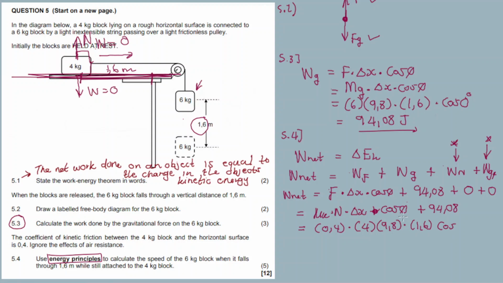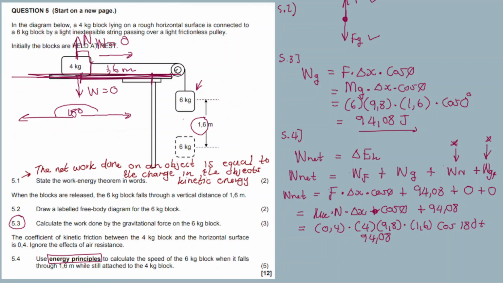Cos theta, what's theta? It's 180 degrees. The direction of the frictional force is always in the opposite direction, so it's 180 degrees, plus 94,08.